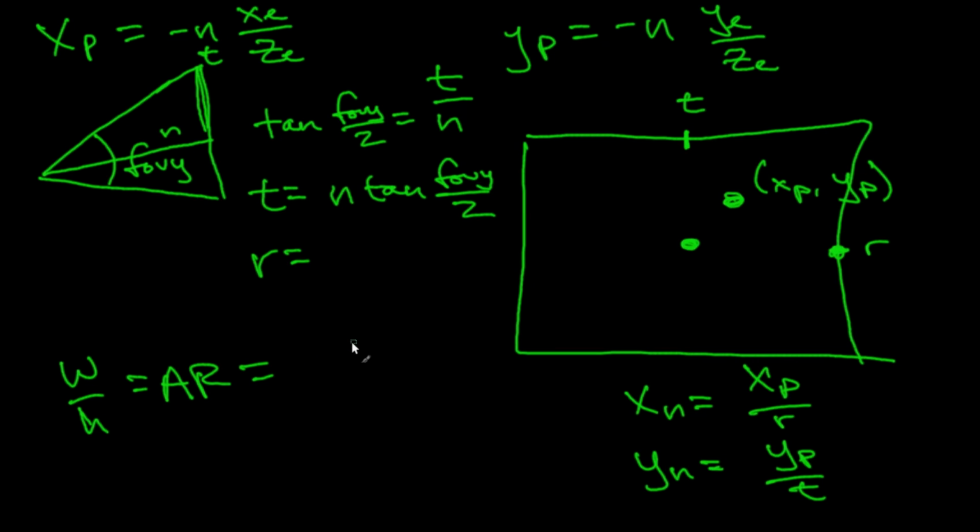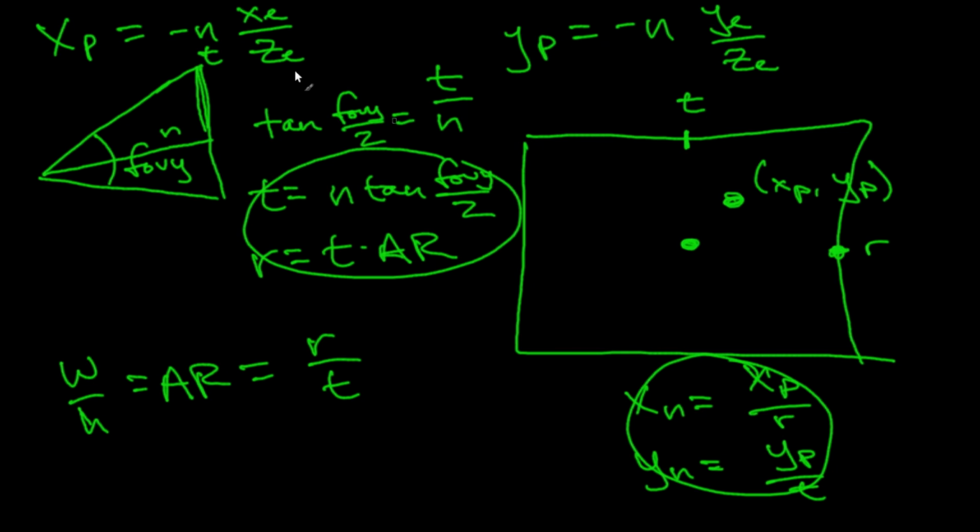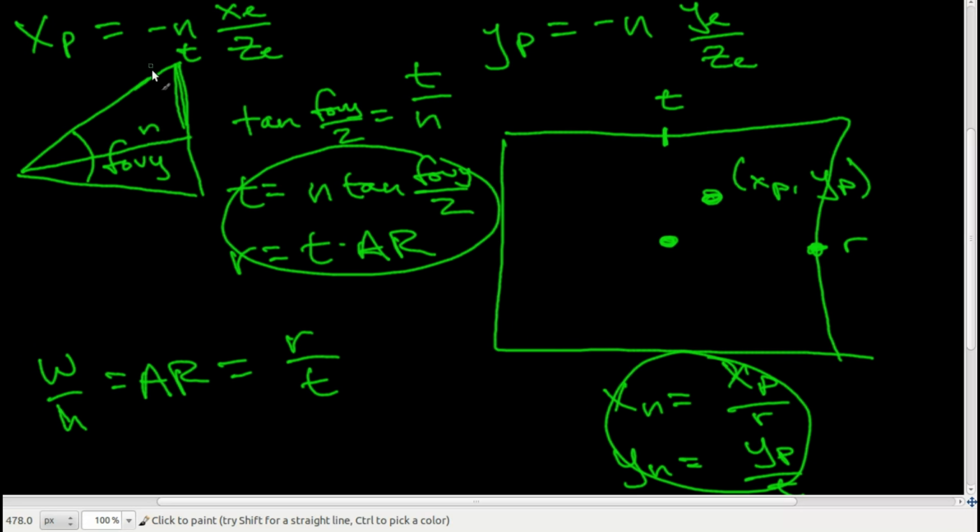So we can relate r to t in the same way and force this proportion to be equal, and we can solve for r. r is just multiply both sides by t. We've got t times the aspect ratio. All right. Hey, so now we can figure out, combining these equations and these. Whoa, let's fix that.